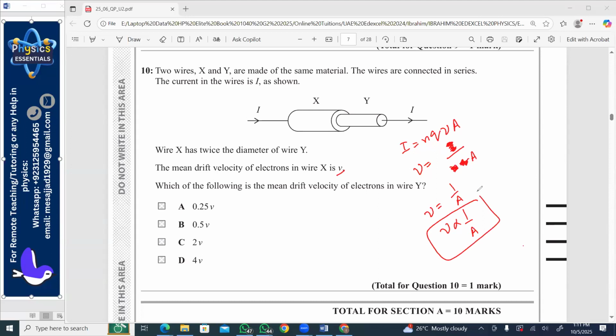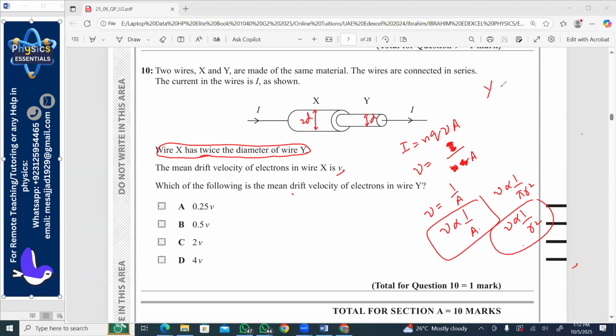So here you can see that the area is actually pi r squared. So rather you need to write that the drift velocity is inversely proportional to the square of the radius. So now that is the keyword that you need to look for. This has a diameter 2d and it has a diameter d, right?